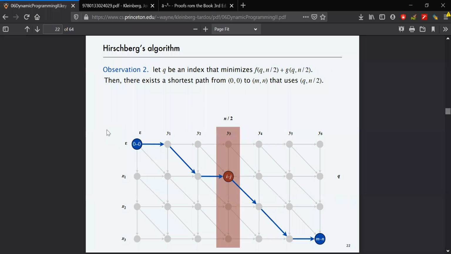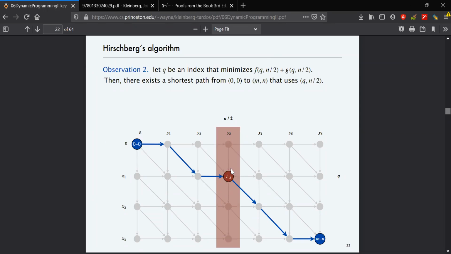Now in the algorithm, what you do is that you use linear space to fill this column with Fijs. You use linear space to fill this column with Gijs. Recall that Gijs was just Fijs, but you started from a different direction. And then you find that index that minimizes this thing.